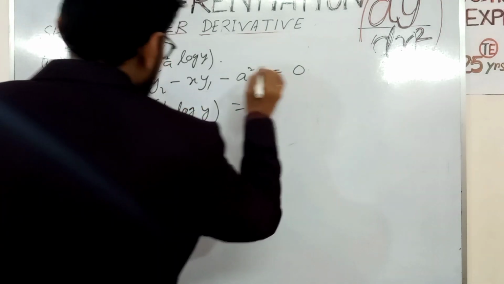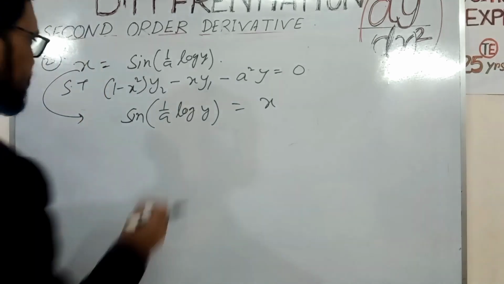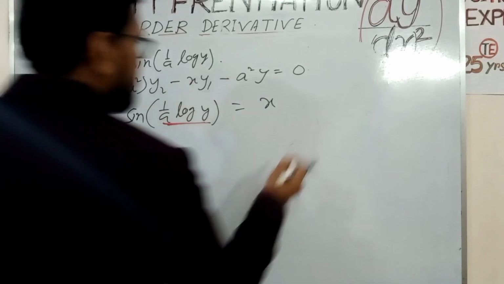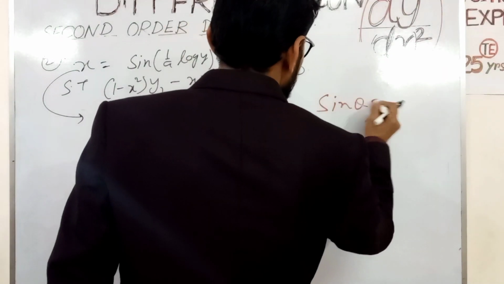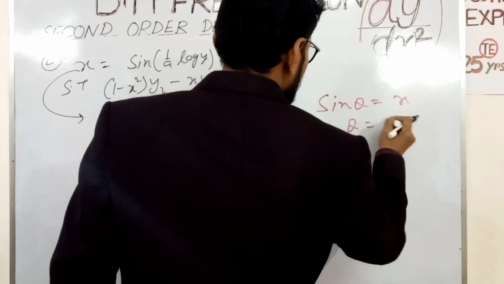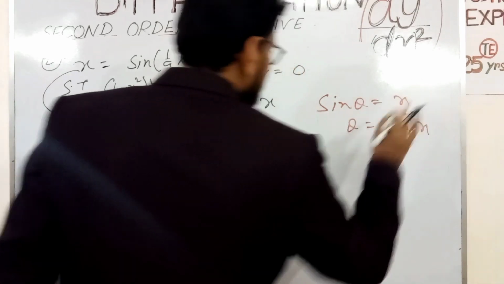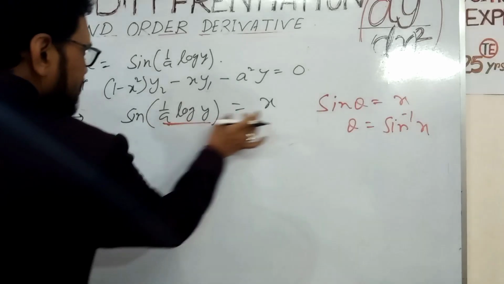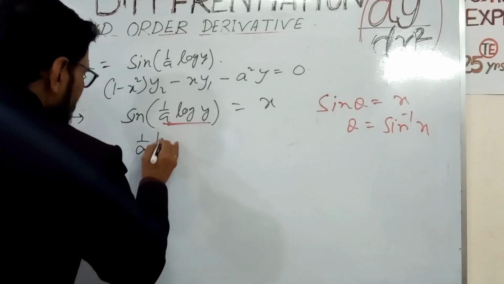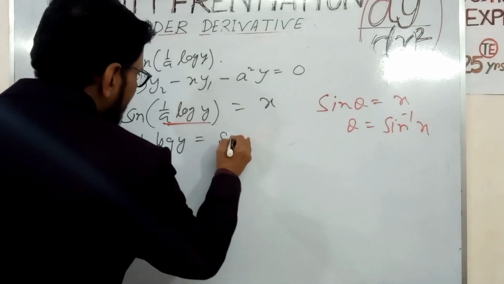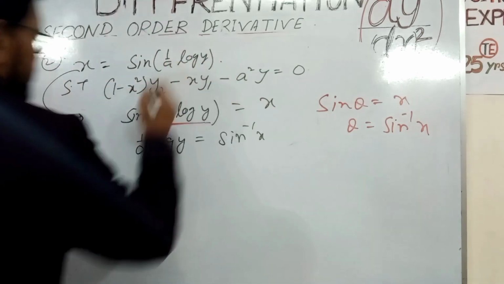If sin theta equals x, we know theta equals sin inverse x. So this theta equals sin inverse x.